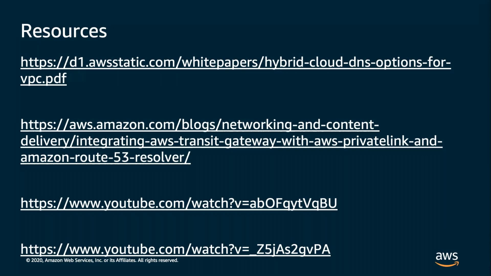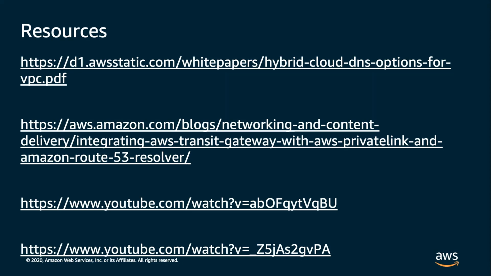We do have some additional resources if you want to dig a little deeper or this looks interesting for you. The first one is a white paper that we've refreshed just last year that has updated architectures that include inbound and outbound endpoints for hybrid DNS resolution and a number of use cases there. So it's a really good resource if you're considering hybrid DNS and need on-premises DNS resolution.